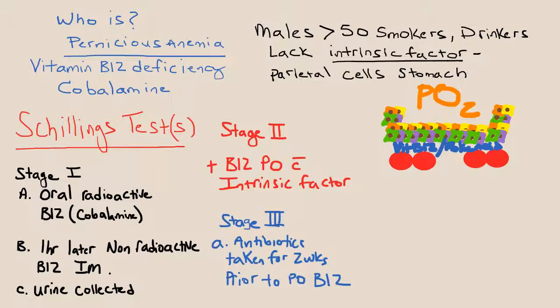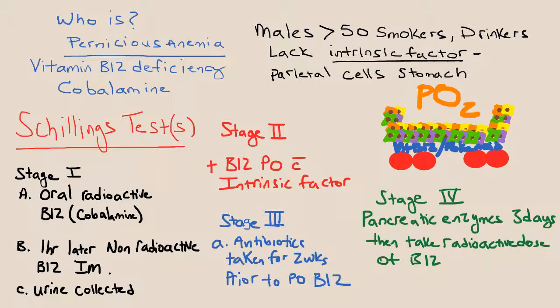So this stage is done after you're given 2 weeks of an antibiotic to see if abnormal bacterial growth has caused you to not be able to absorb vitamin B12. And then you can have a stage 4. If that doesn't take care of the problem, you're given pancreatic enzymes for 3 days, and then you're given a radioactive dose of vitamin B12, and that's the Schilling's test.